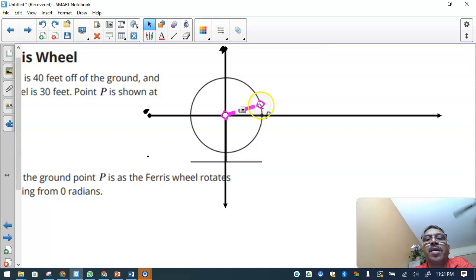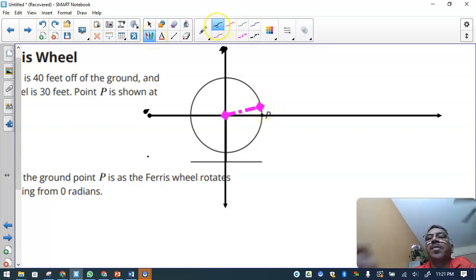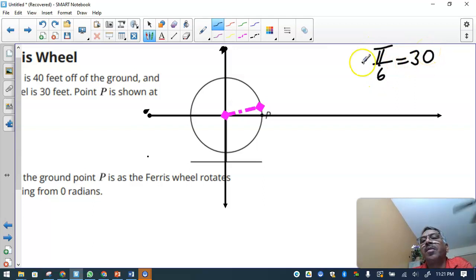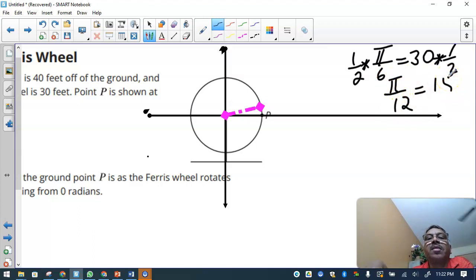Pi by 12 means half of pi by 6. Suppose pi by 6 is 30 degrees; if you take half of this, it becomes pi by 12, which is 15 degrees. So then there is a skinny kind of triangle there.